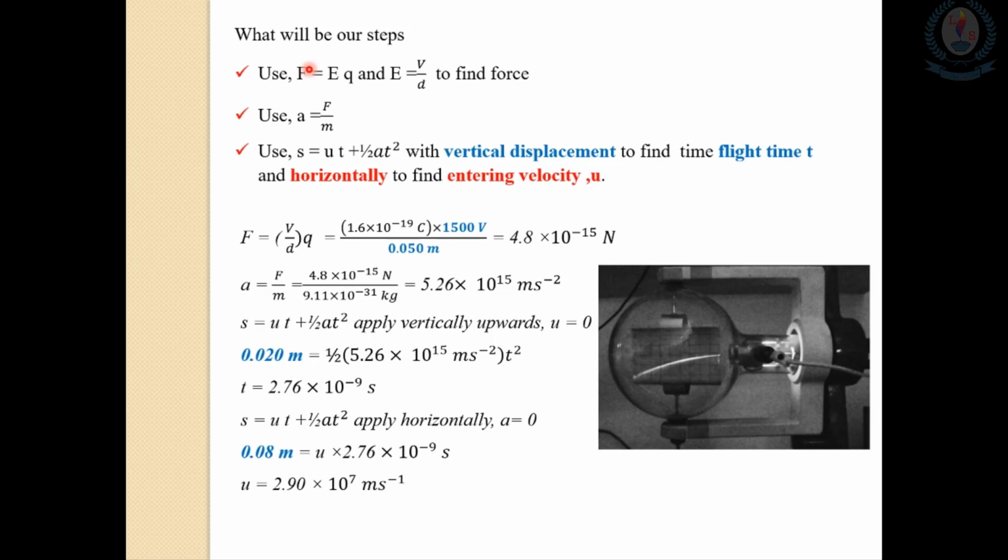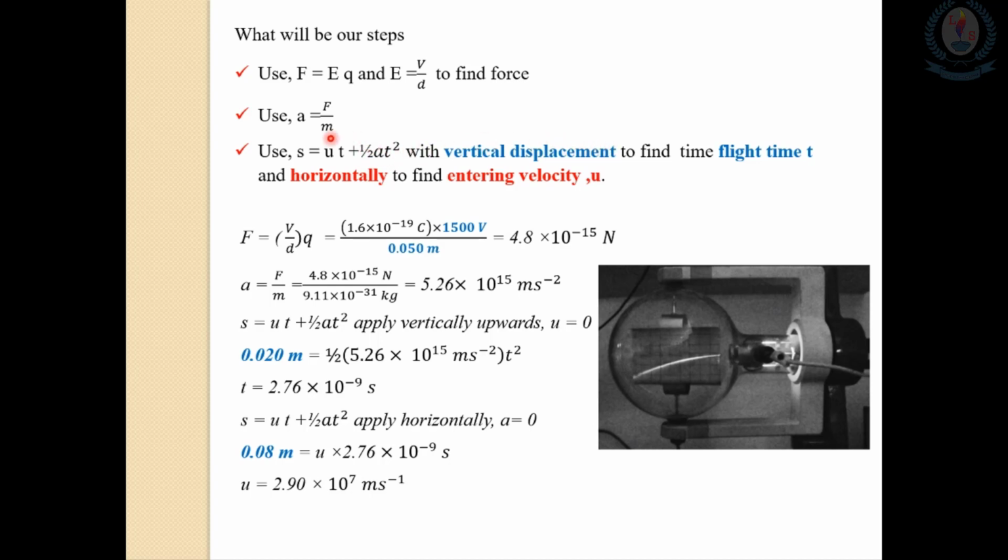As we have the force, we can find the acceleration along the field lines, not horizontally, the vertical component of acceleration. Then, as they have given the vertical displacement and the horizontal distance traveled, we can use the motion equation S equals ut plus half at squared with vertical displacement concerned.